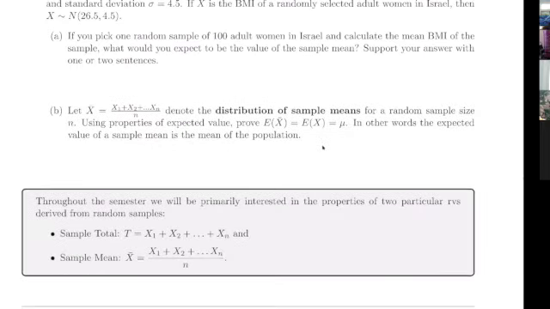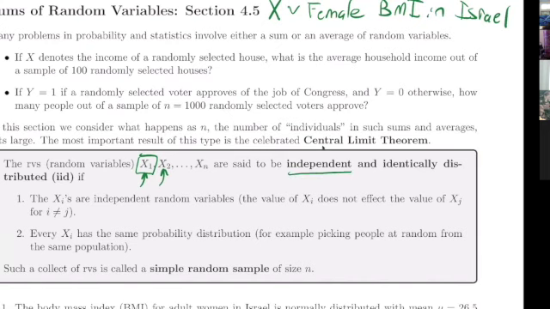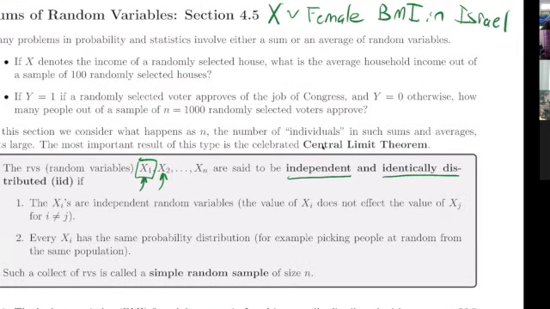We're going to assume that each of these values that we pick is independent of the others. In other words, the person that I pick first has no effect on who I'm going to pick second or third or fourth. The second assumption is that we're picking all of these values from the same population. So I shouldn't be considering picking some females from Israel versus some females from another country, or males from Israel. These are different distributions. So we're picking all of these values from the same distribution.